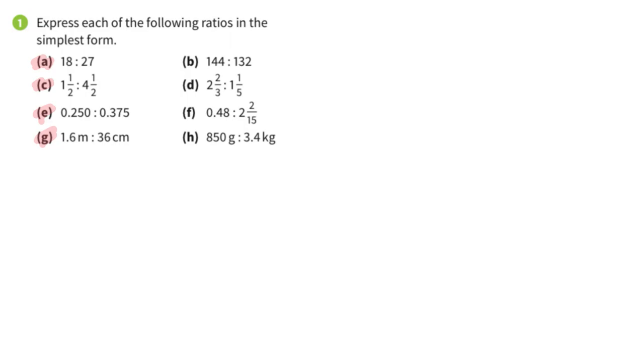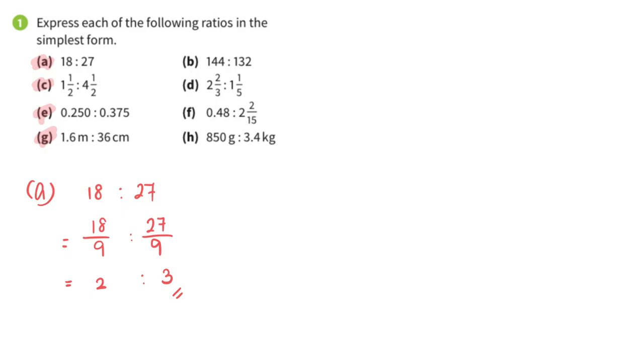And so, for part A, we have 18 is to 27. And I could actually divide both by 9, which is the lowest common multiple for both. And I will get 2 is to 3, and that is the simplest form.